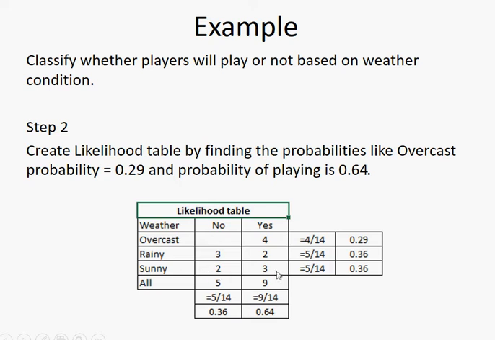Then sunny, there's 5 times that it was sunny over the 14. Then there's 5 times they didn't play over the 14 days, and 9 times they did play over the 14. That gives us our probabilities here, 0.36 and 0.64 for not playing or playing, and then 0.29, 0.36 and 0.36 for each of the 3 weather types.